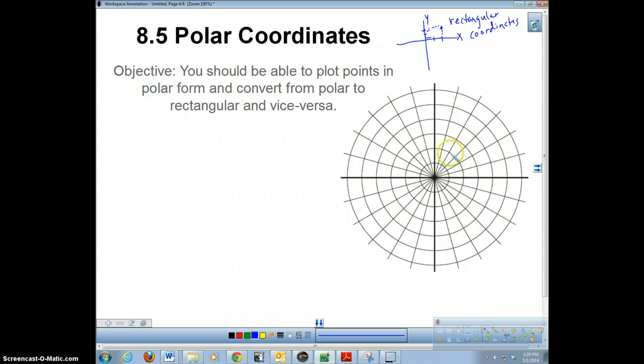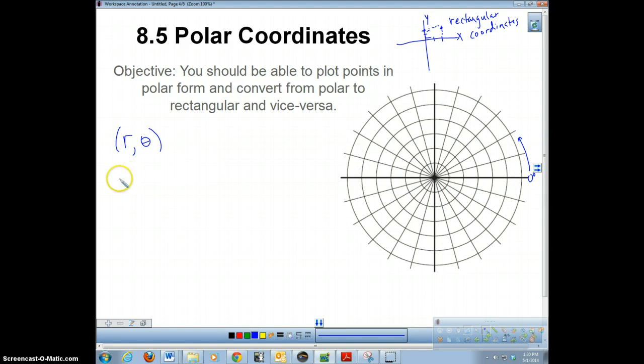So each of these circles here tells you how far you're going to go out in a radius, and you're going to go starting at 0 degrees here, just like we do in a unit circle. You're going to go this way counterclockwise for your angle. So polar coordinates are given in r, theta, where r is the radius and theta is the angle from 0 degrees or 0 radians going counterclockwise.